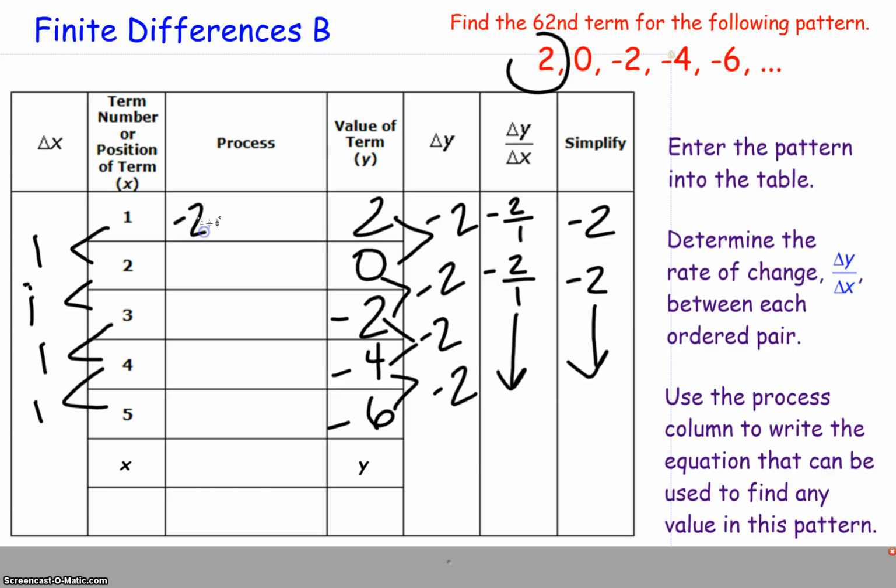You have negative 2 times 1 got you to negative 2, but I know I need to get to 2. So negative 2 plus what will get you to 2? And the answer is 4. So now we can write our equation: negative 2 times x plus 4 will always get you your y.